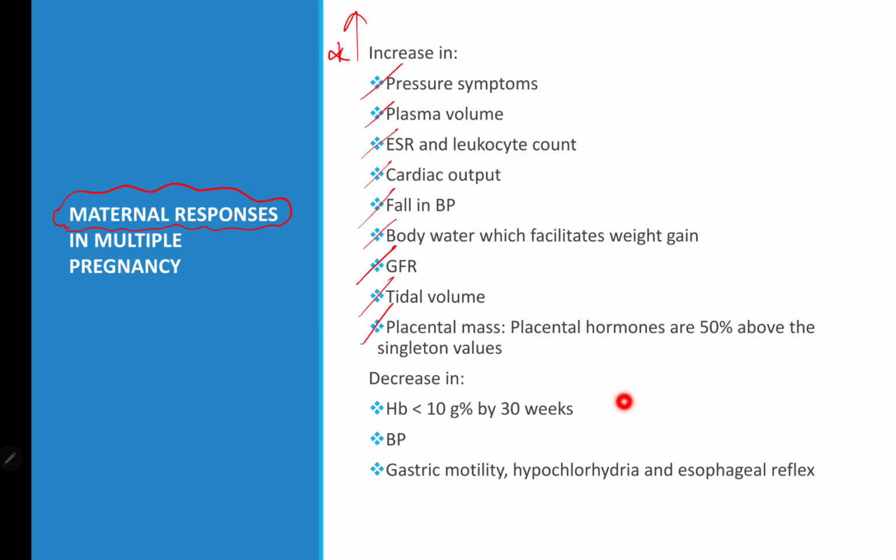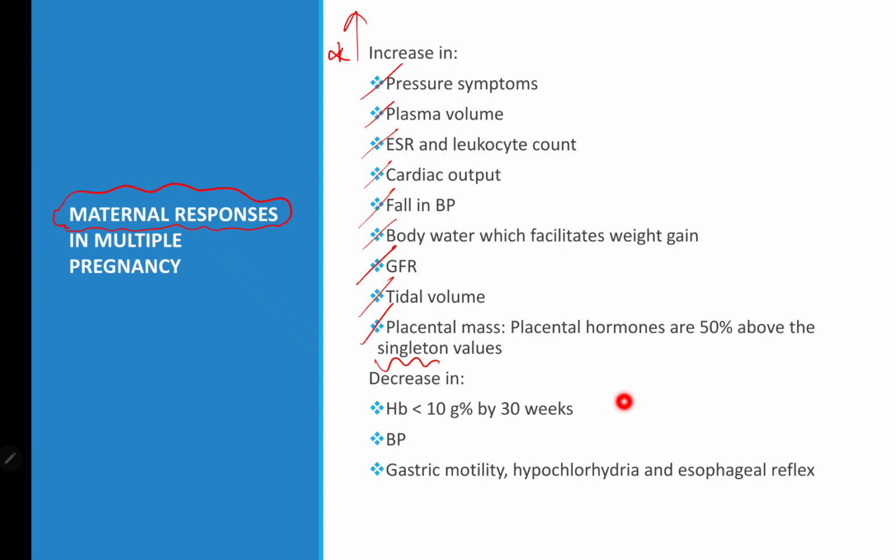That is, placental hormones are 50% above the singleton values. Generally for a singleton pregnancy, the placental hormones are going to be X value. So 50% above will be more in case of a multiple pregnancy. That's what they are trying to say.